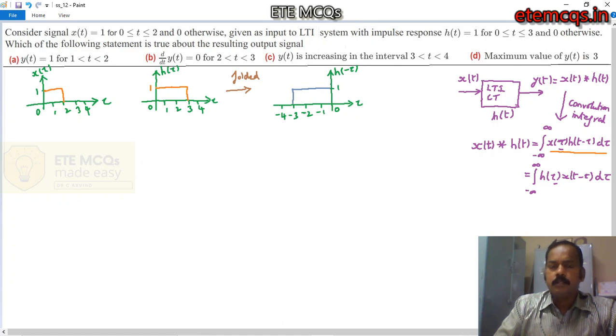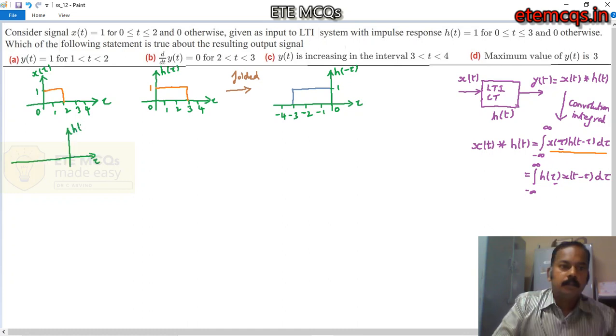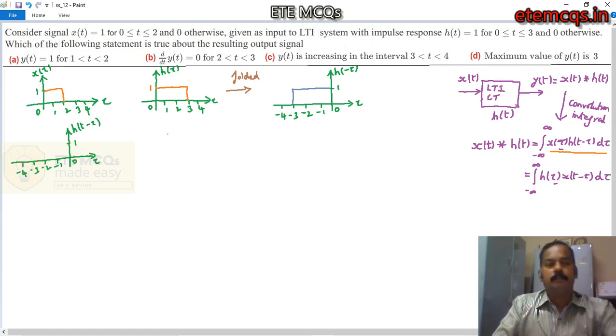Next, from this we need to get h of t minus tau. Now the reference is this particular signal, which has been folded at the origin. So h of t minus tau, with amplitude 1, on the axis minus 1, minus 2, minus 3, minus 4, and so on.